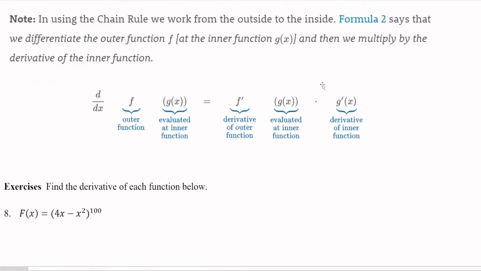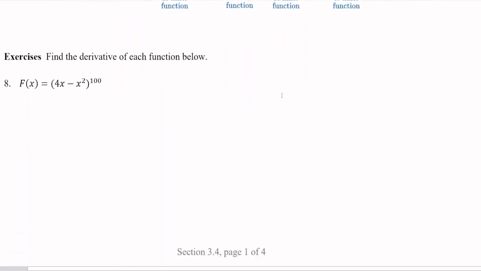Okay, so let's just try this and see what happens. Okay, so there's some more description here. So step one of this, what's step one? You got to figure out what f and g are. What's inside, what's outside. I think the inside's not too bad to figure out, which we usually call g. That's 4x minus x squared. That's the inside function. Now you just ask yourself, what am I doing to that function?